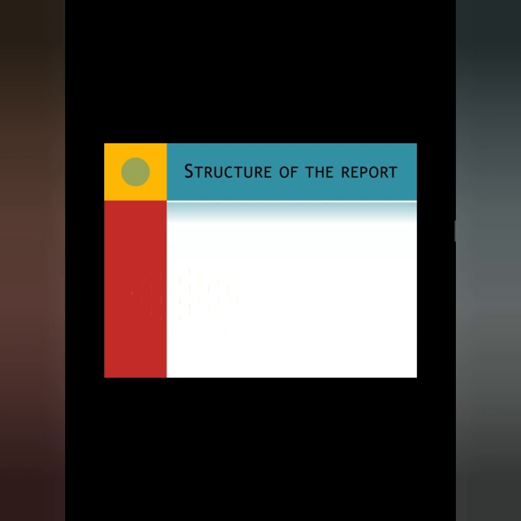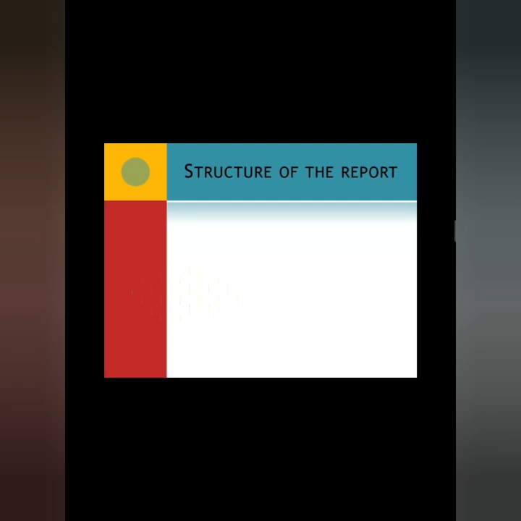Okay, so these are the steps in writing a report, especially your final year report, your thesis, your dissertation, and whatnot. Anything related to a research or a study. All right?